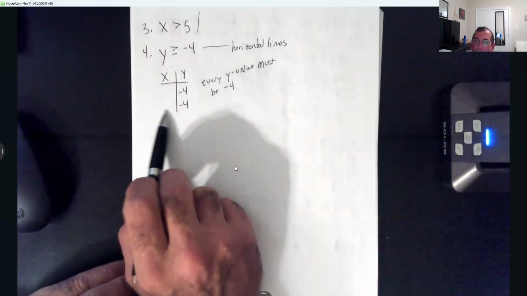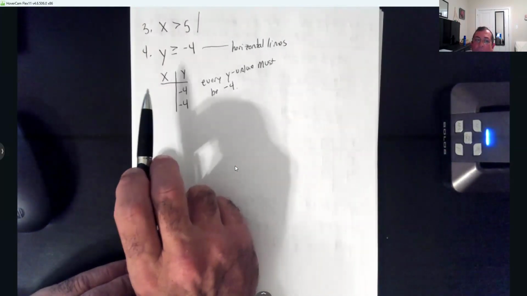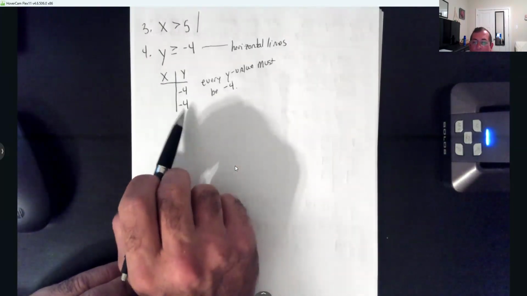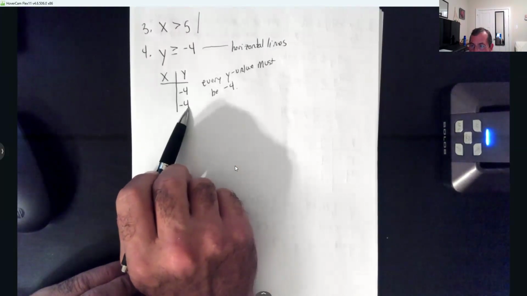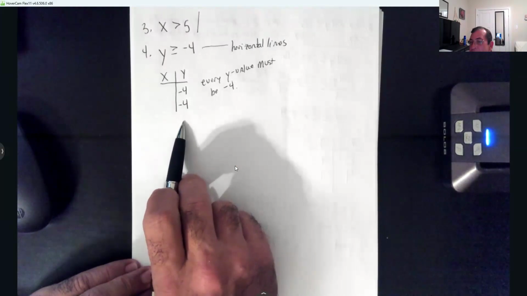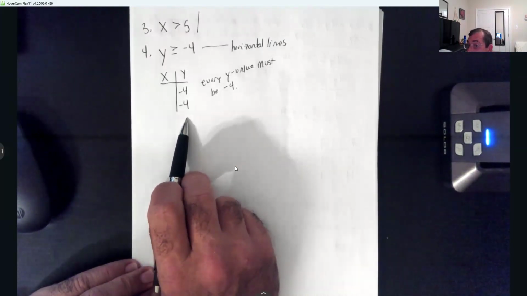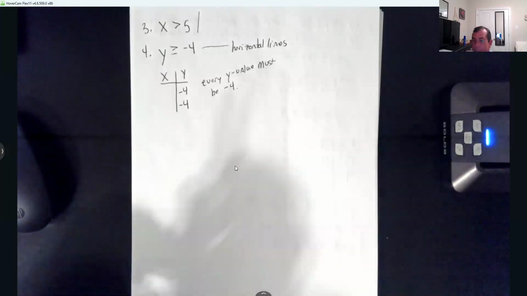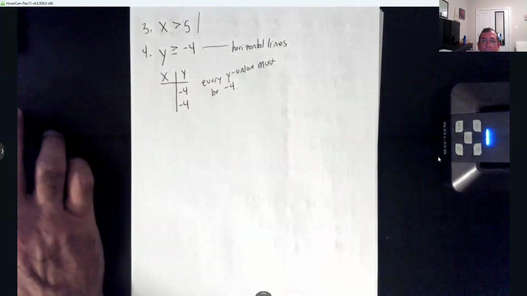You can pick whatever two numbers you want to. What does matter is the y values on this are always negative 4, okay? So what I do on these, I find negative 4 on the y-axis, and then I just go left or right and plot my second point, okay? So y'all, let's go play with some of these.